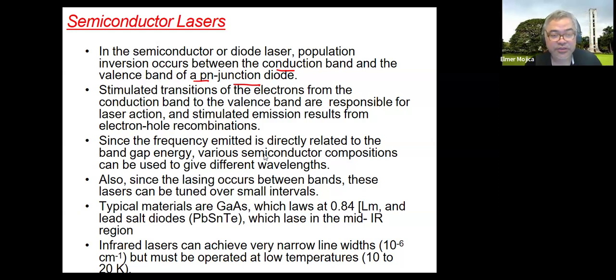So this is usually used at very low temperature. Okay. And for a given composition, tuning can be achieved by just changing the diode current. This causes the refractive index to change, which alters the effective cavity length. Then the tunable range that you can have is 20 to 50 wave numbers.